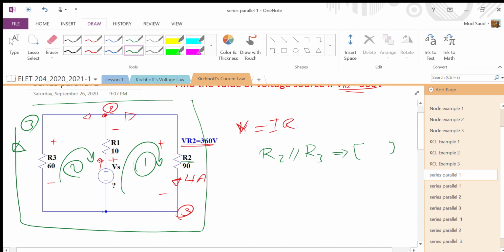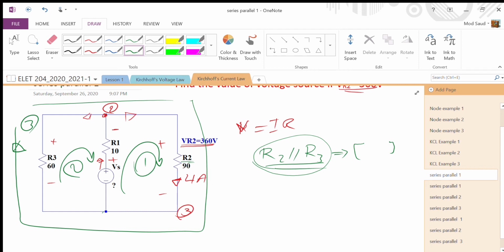When elements are in parallel, they have the same properties as a parallel circuit. The equivalent resistance of these two is as the equivalent resistance in a parallel circuit. So these two are considered a parallel circuit. So the total resistance is 1 over plus 1 over.